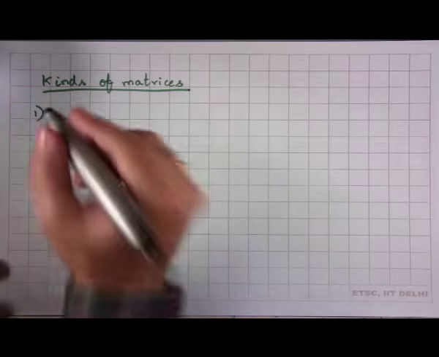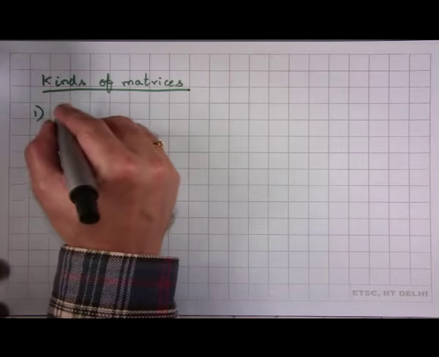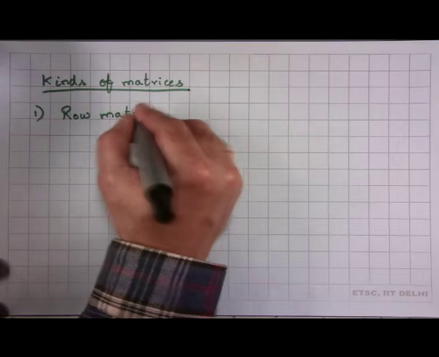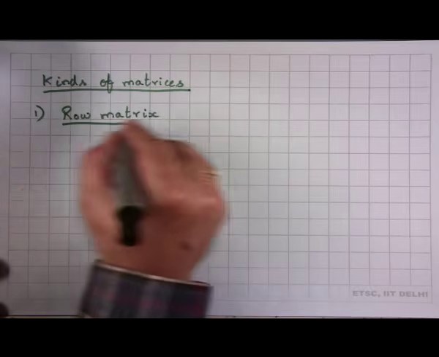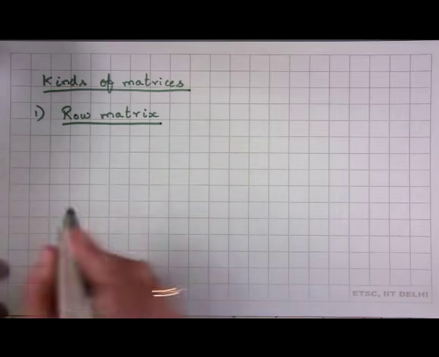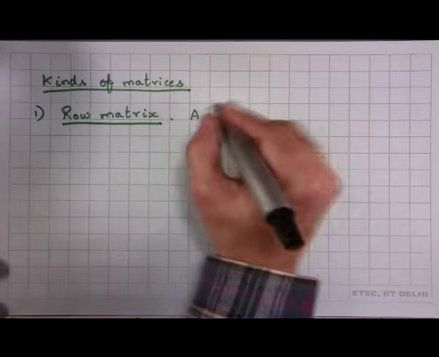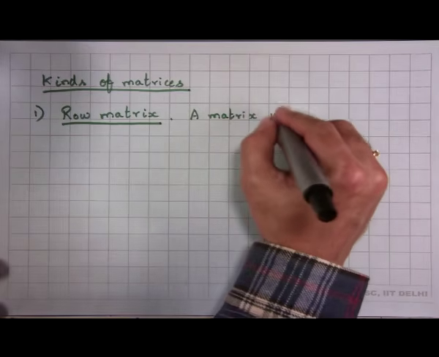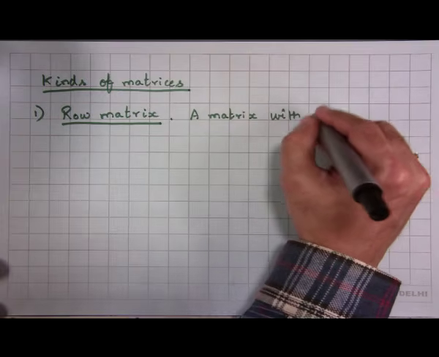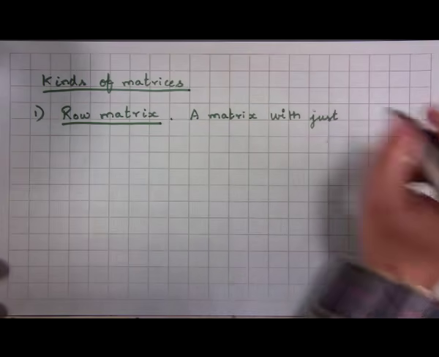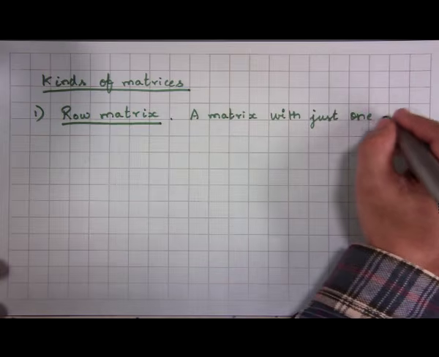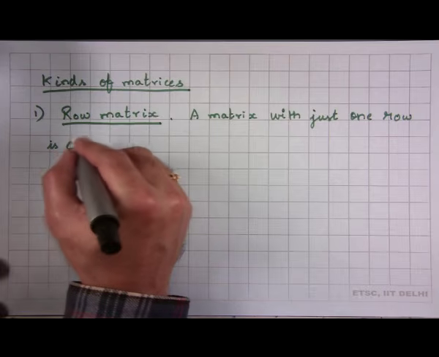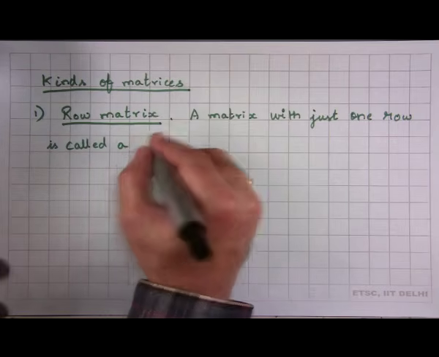The first one is what is known as a row matrix. What is a row matrix? A matrix with just one row is called a row matrix.